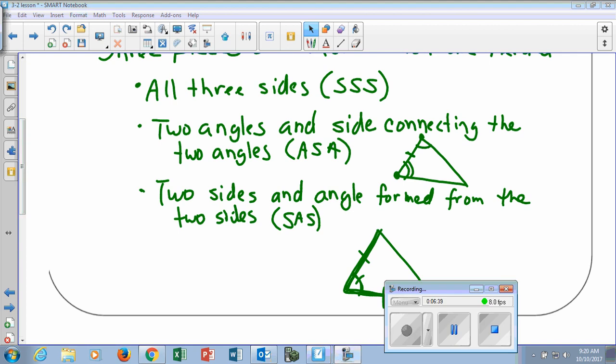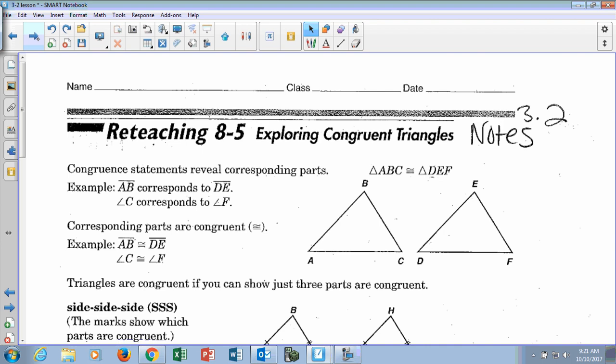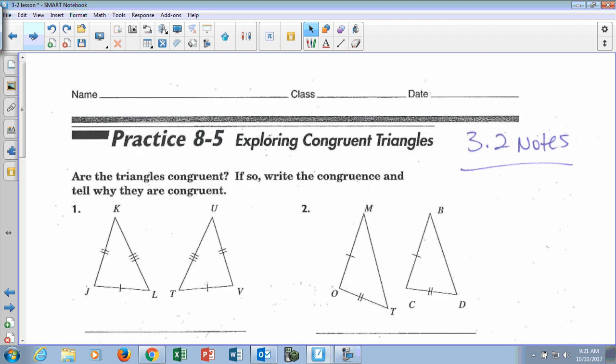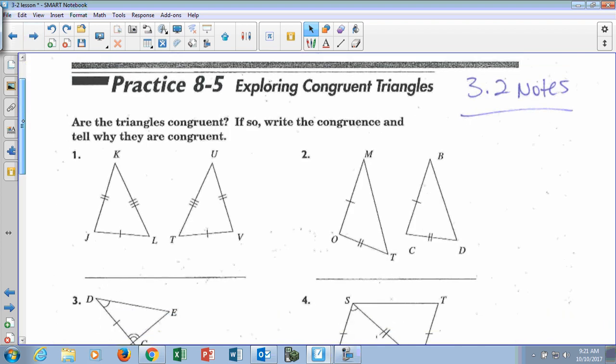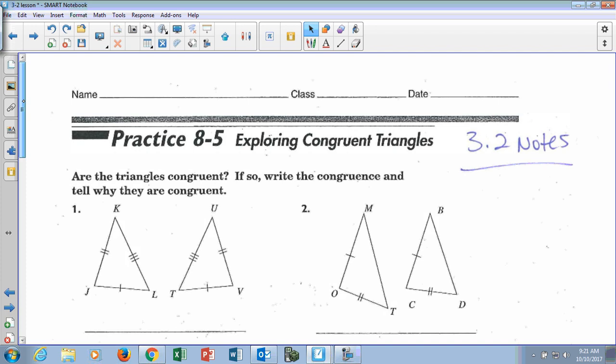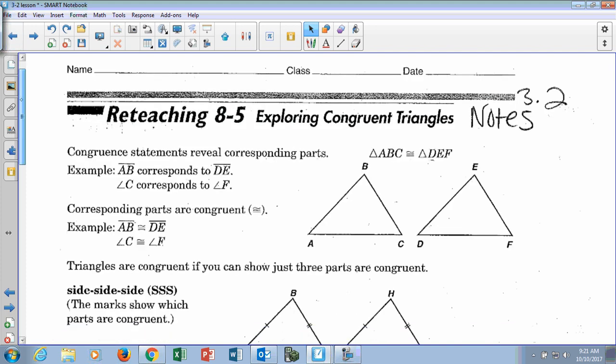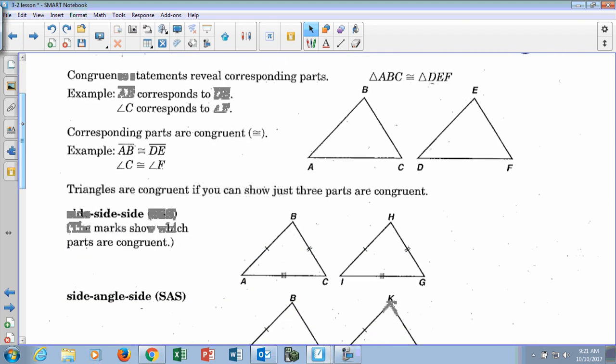All right, so let's go now to the back page where it says practice 8-5. Oops, I did the reteaching one first, so we'll go to this one first. Actually, let's go to the reteaching side first, which for you guys is basically the back page.